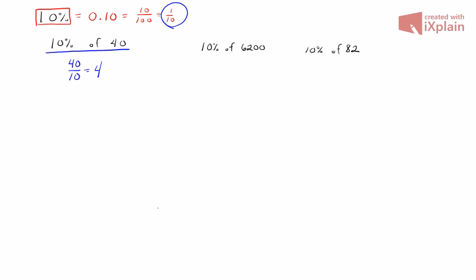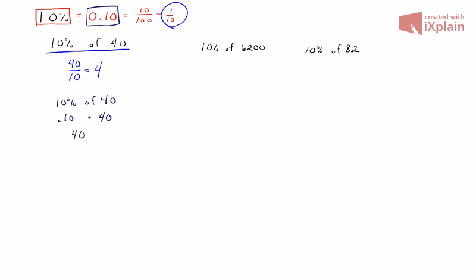However, if you decided to work with the idea of a decimal, instead of 10% of 40, we could write this as 10 hundredths of, or in other words, times 40.